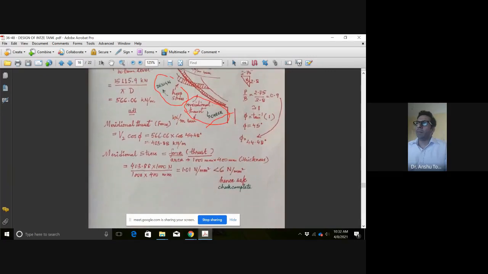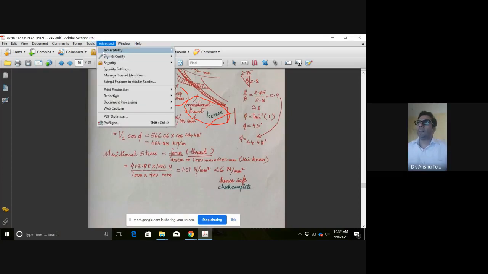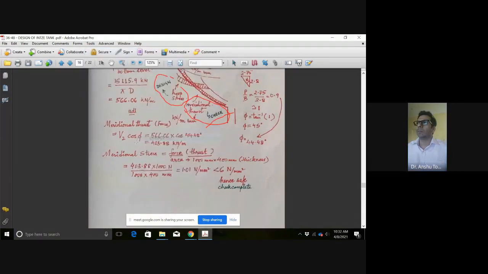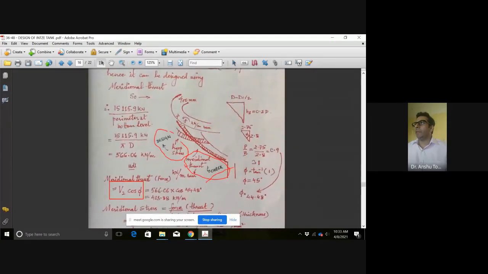So it will become a force when we divide it like this, using this particular formula, V2 cos phi. We have to simply put the value of V2 and cos phi. Phi, I have told you that we can find it out using this. D minus D1 upon 2 is going to give us the value 2.75, and 0.2 D is going to give us 2.8.